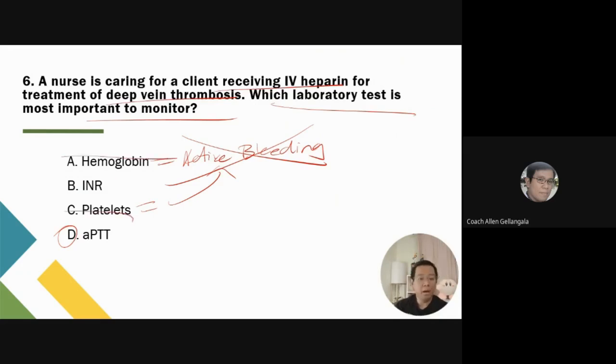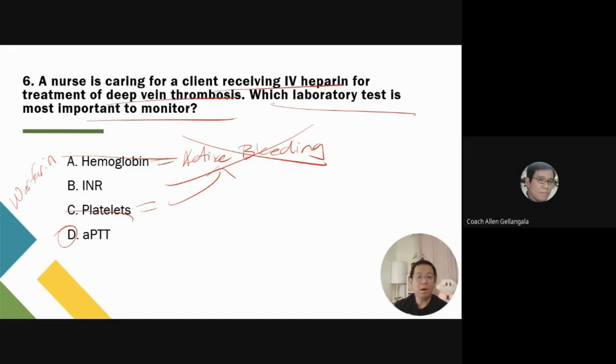How about INR? INR is a measure for the functionality of warfarin. In most cases, INR is the therapeutic measurement for warfarin, otherwise known as Coumadin.